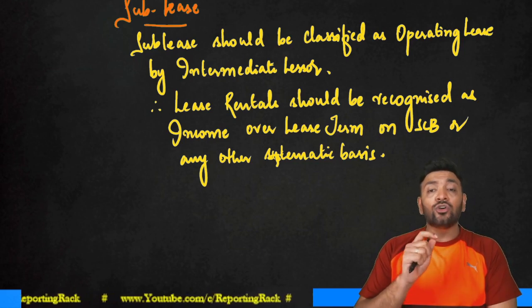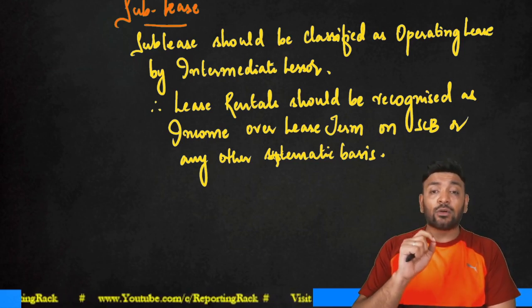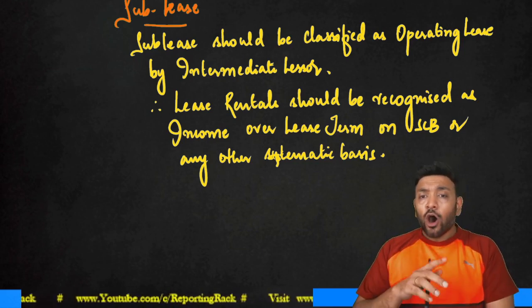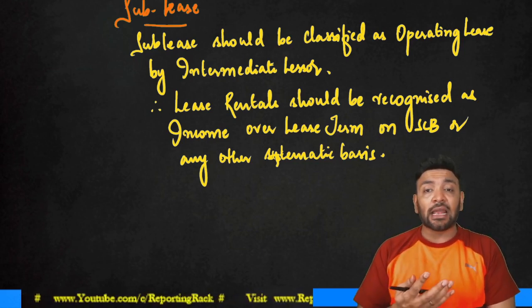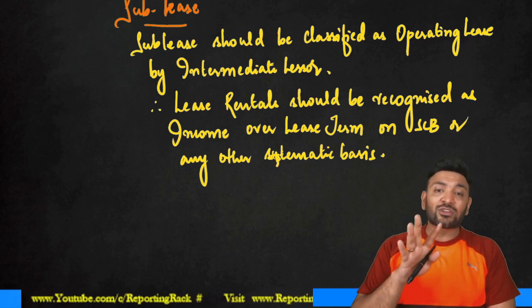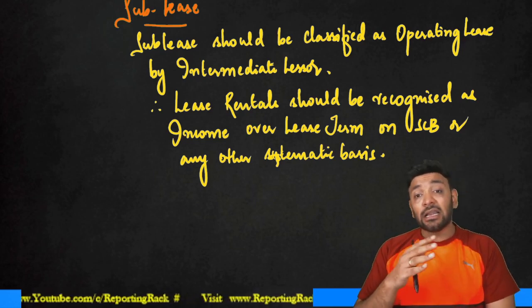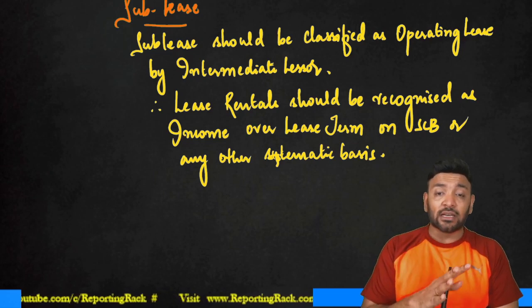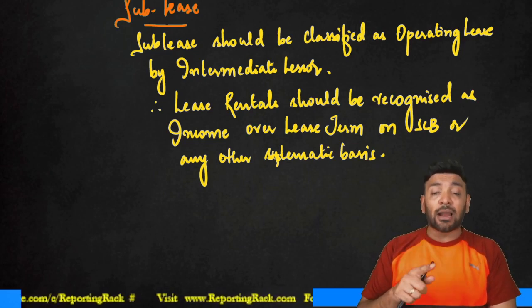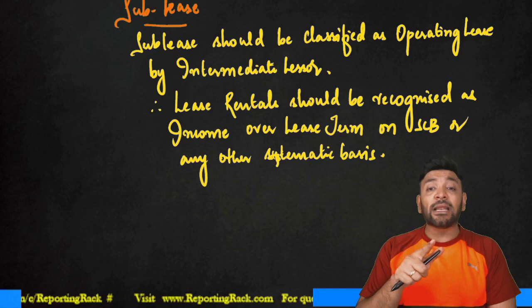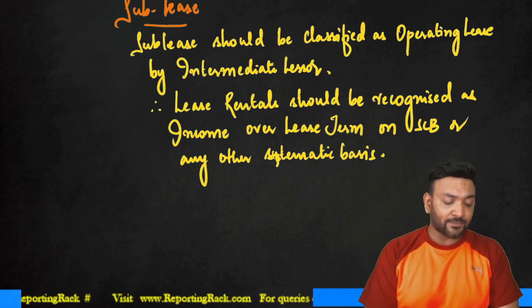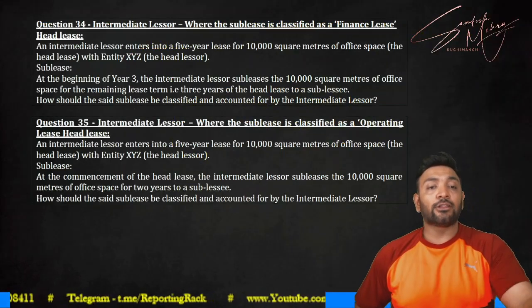I skipped that so that I would easily determine the operating lease. Operating lease does not have significant accounting in the books of lessor. That's why I took this easy concept first. Now you look at question number 34. Now you will be able to determine the effect when the sublease is a finance lease. Read through this question.